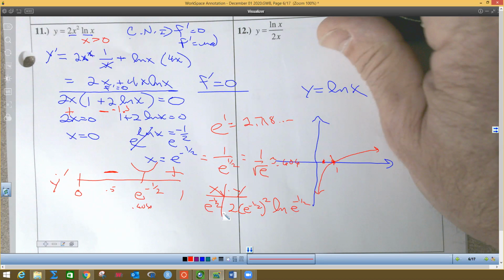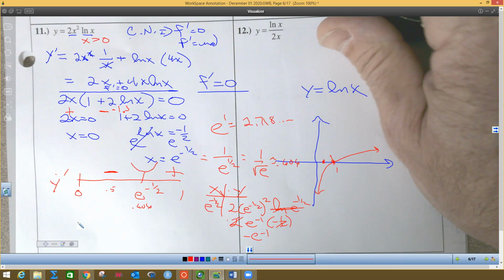So when I do this, this over here is going to be 2, and then you multiply these, so this is e to the negative 1, and then these 2 cancel out, so this is times negative a half. Okay, so that's not a negative. This 2 reduces with this 2. So this is negative e to the negative 1.